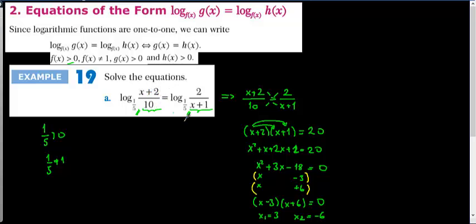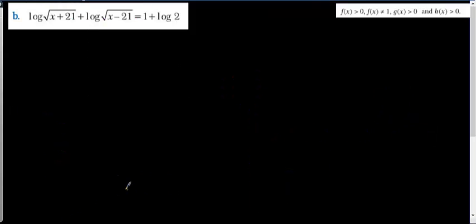But minus 6 cannot be a solution here, because minus 6 plus 2 over 10 is minus 4 over 10. This is smaller than 0. That's why this condition didn't hold with this equation. We have to cancel the minus 6.